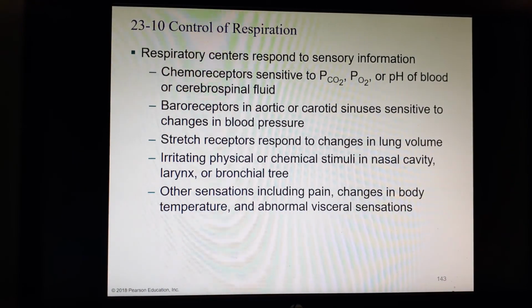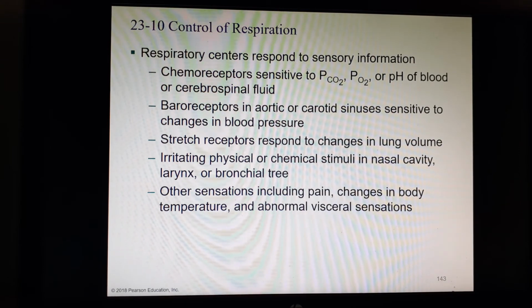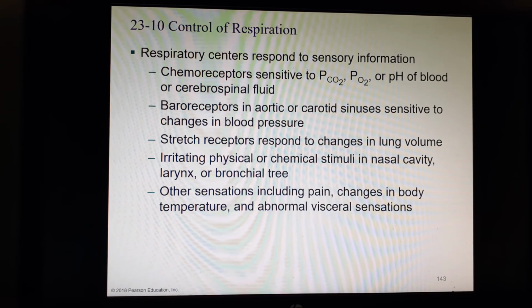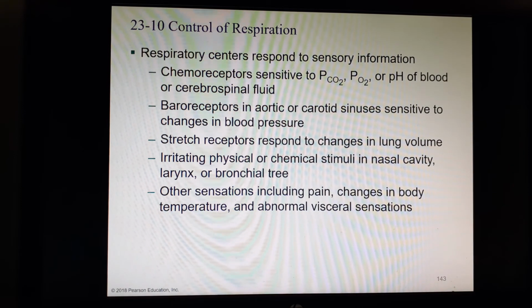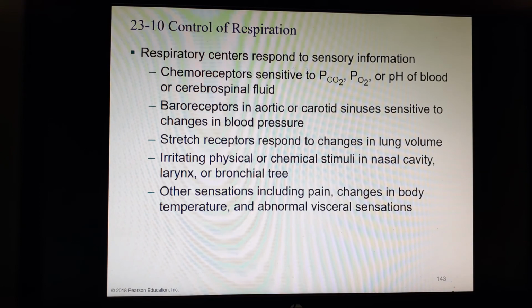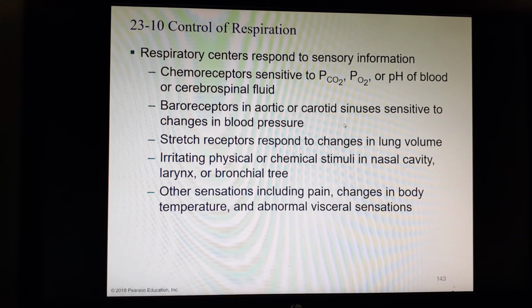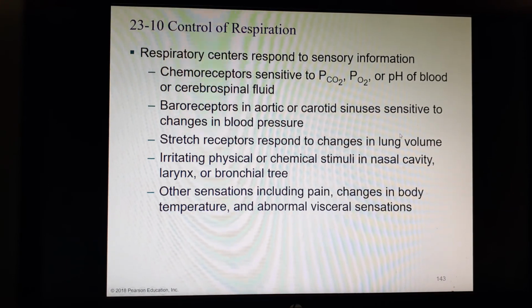The respiratory centers are monitoring sensory information from the chemoreceptors that are looking at the levels of CO2 and the levels of oxygen and the pH of blood, or the pH of the cerebrospinal fluid. So for pressures, we're going to use baroreceptors. We're also going to use stretch receptors that are looking at lung volume.